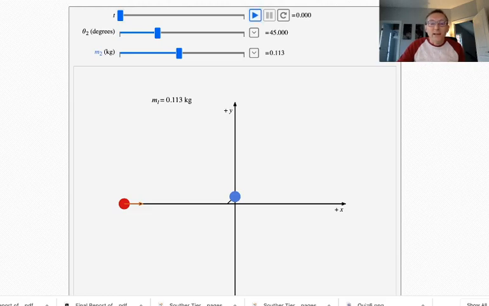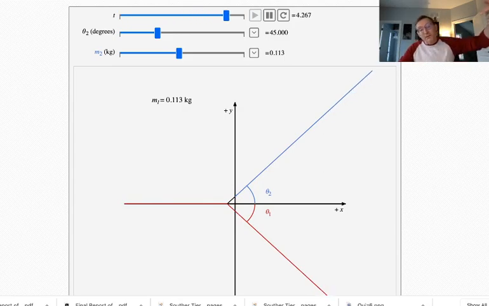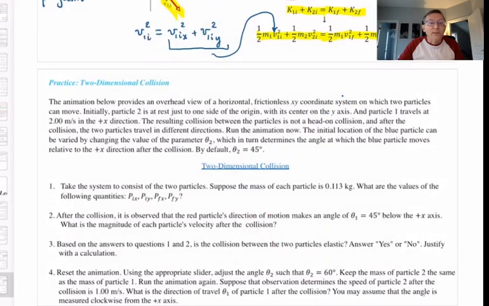And they come in, and they collide, and then they go off, and there's an angle theta 1 for the direction of particle 1's travel after the collision, and theta 2 for the direction of particle 2's travel. All right, go back. I'm going to be going back and forth between the animation and the wording. It says, the initial location of particle 2 can be varied by changing the value of the parameter theta 2, which in turn determines the angle at which the blue particle moves relative to the plus x direction after the collision.